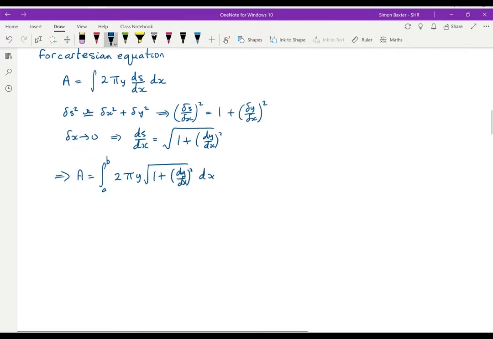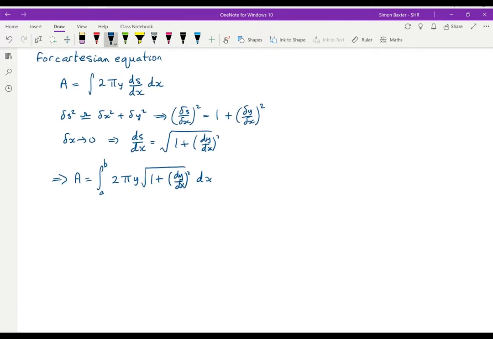Okay, now let's look at parametric equations. The area is still the integral of 2 pi y ds, and this time we do the integral of 2 pi y ds by dt dt.